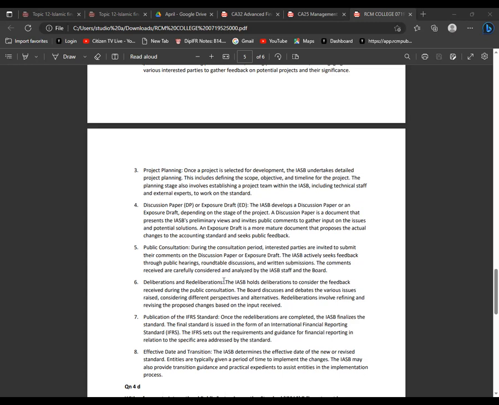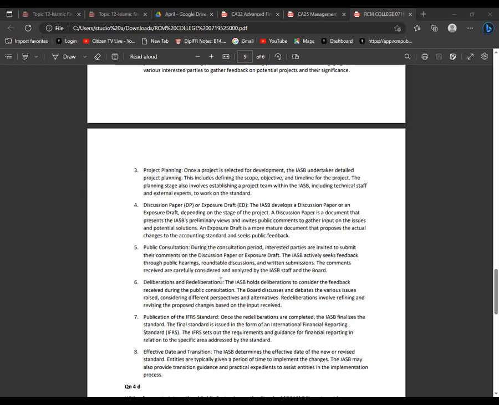The comments received are carefully considered and analyzed by the ISB staff and the board. So in this case, the Ruto government, do you think they are really going to take the feedback from the public seriously? I guess not. So this one basically is a flowery exercise. If it's the ISB, they have their technical staff who will go through all the memoranda given.